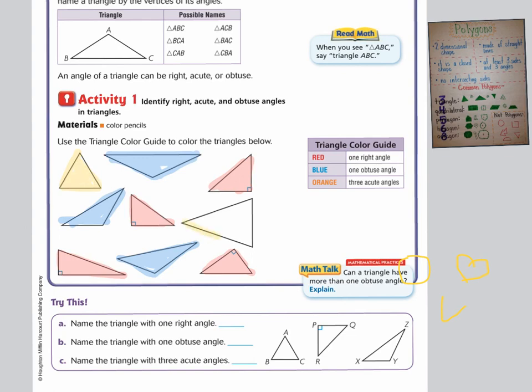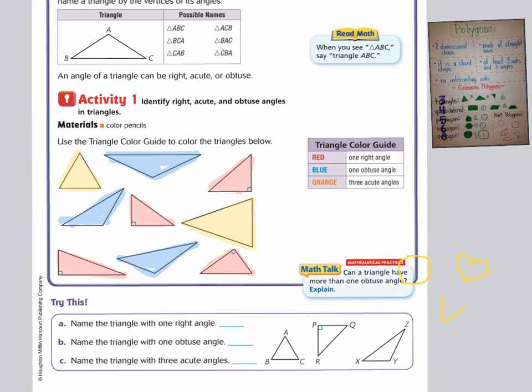So if it has 3 acute angles, it's going to be an acute triangle. If it has 1 obtuse angle, it will be classified as an obtuse triangle. And if it has a right angle at all, it will be classified as a right triangle.